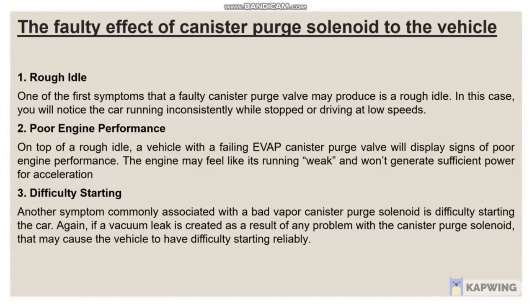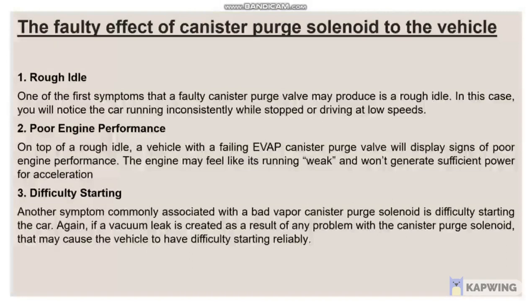Number 2 is poor engine performance. On top of rough idle, a vehicle with a failing EVAP canister purge valve will display signs of poor engine performance. The engine may feel like it's running weak and would not generate sufficient power for acceleration.